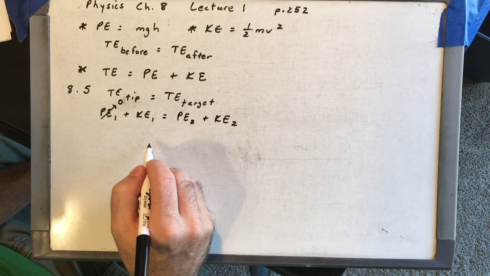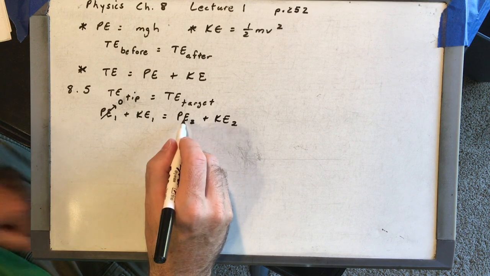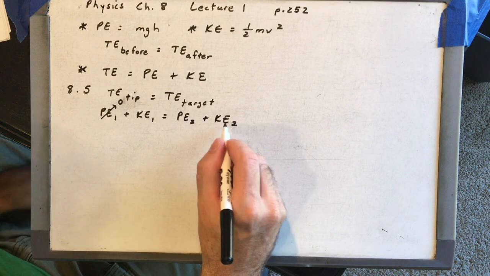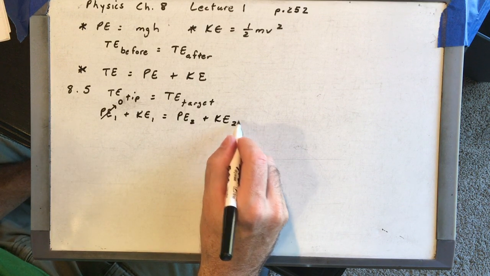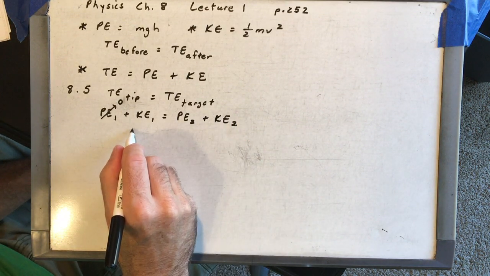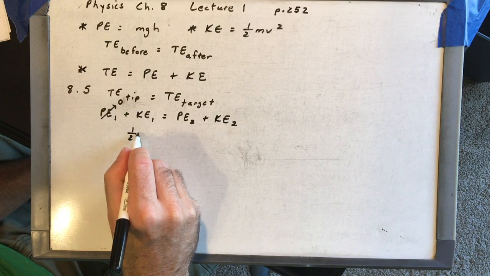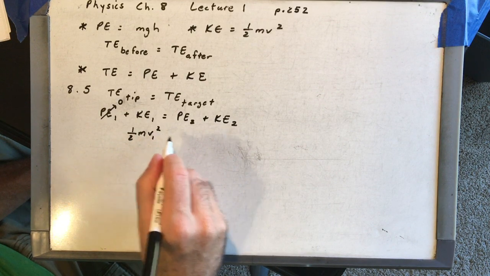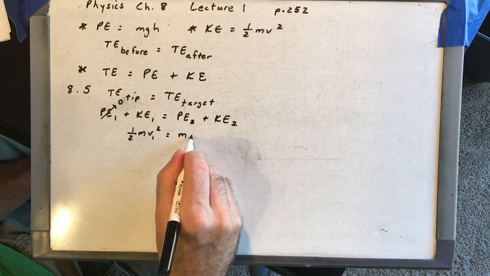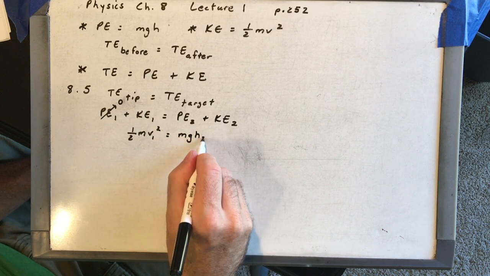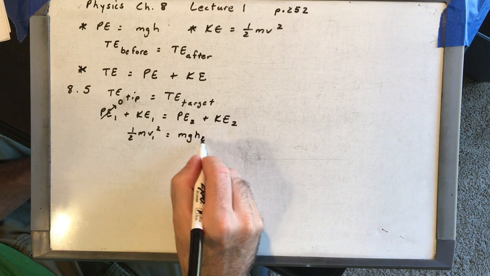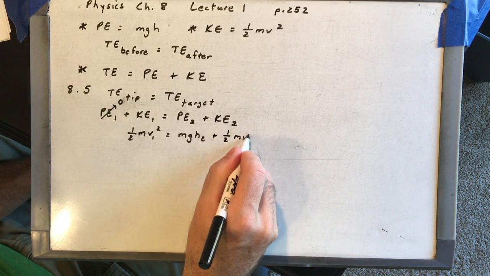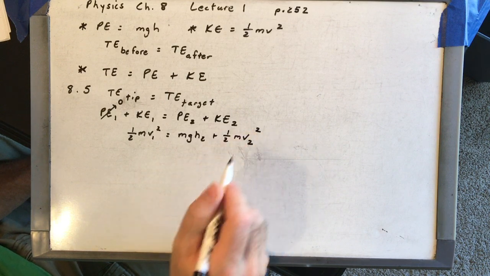And then we have some height here, but we're trying to get the kinetic energy of the second so we can get the velocity. So we have 1/2 m v1 squared is equal to m g h2, the height of the target, plus 1/2 m v2 squared.